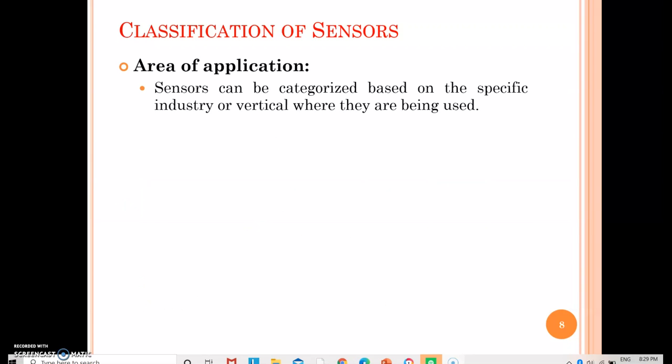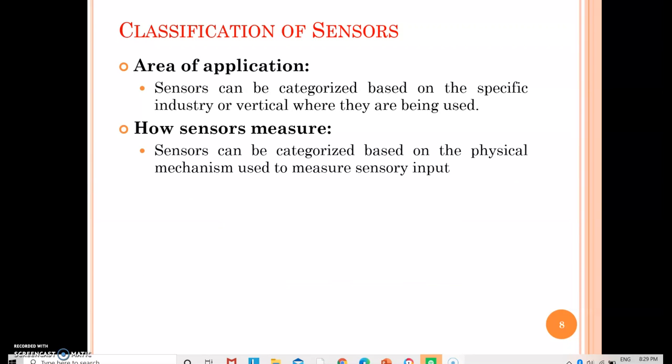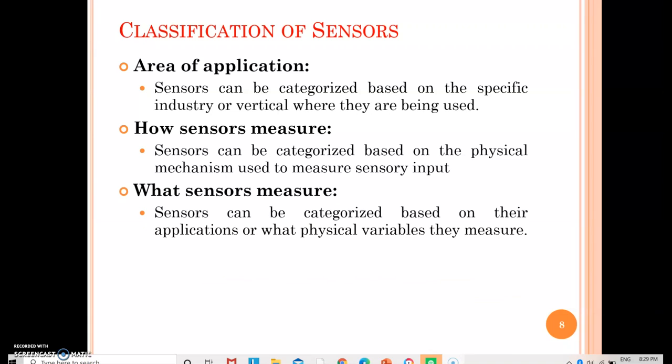I can classify the sensor depending upon the area of the applications. Again, I can classify them by how the sensors measure. So sensors can be categorized based on the physical mechanism used to measure the sensor inputs. For example, thermoelectric, thermochemical, optic, electrofluid mechanics and photoelastic sensors.